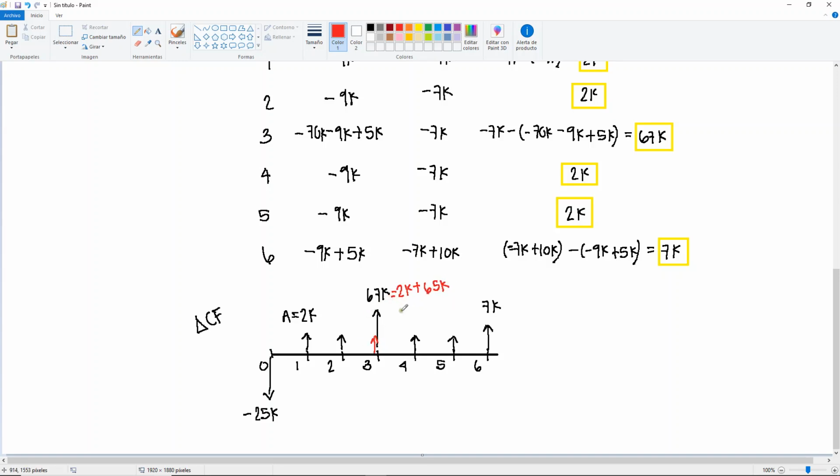This one right here will be part of your A, and we can say that this is an F in year 3. Same thing here, you may fit an A arrow right there. So this 7,000, you will be breaking it down into two amounts: the 2,000 for the A plus 5,000, which in this case will be your salvage value, or your F in a year.